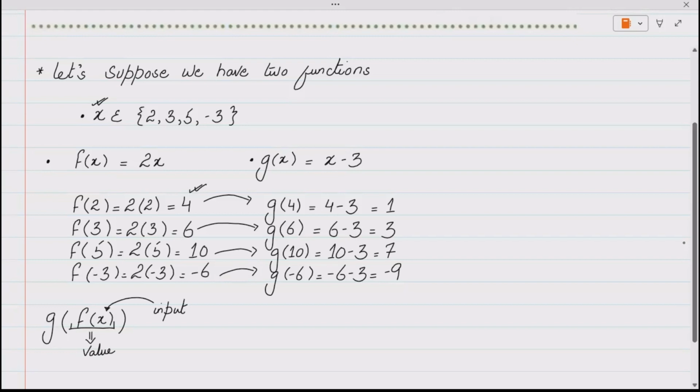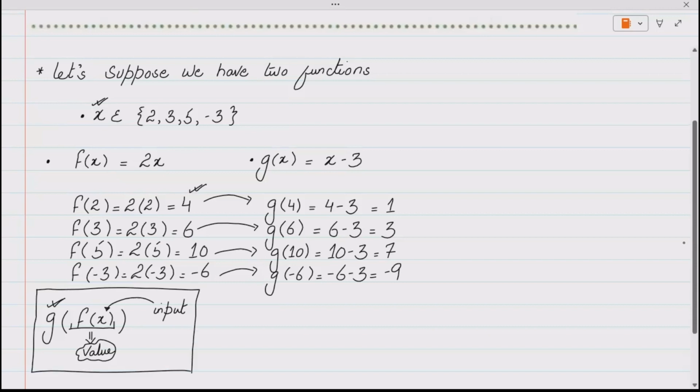Here I put 2, 3, 5, minus 3, and I got 4, 6, 10, and minus 6. And then I evaluate g on these values. This concept is called composition, where we compose two functions.